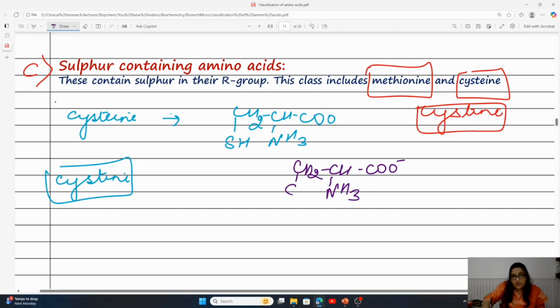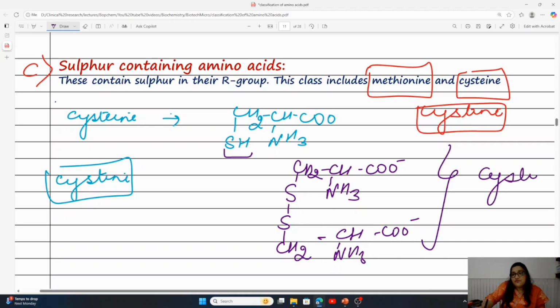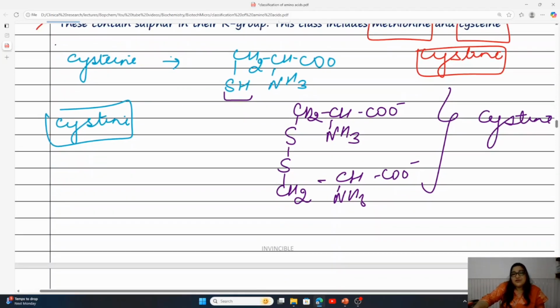From the sulfhydryl group, this H will be removed. Now I'm making another cysteine: CH2, CH, NH3 and COO negative. So this whole structure becomes the structure of cystine, and it is also observed in various proteins that cystine is present.